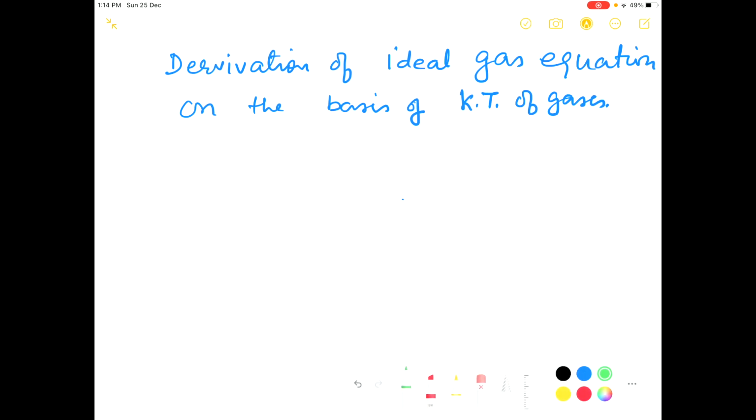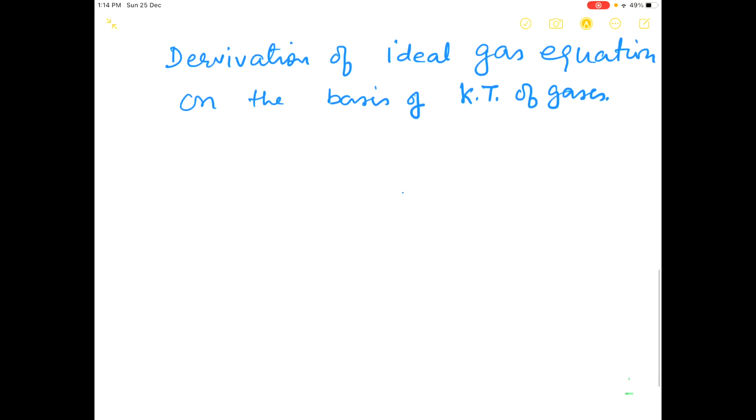This is a very interesting topic. Consider the molecules in a gas in a container. The length of one edge of the container is L, and this is a cubic container.